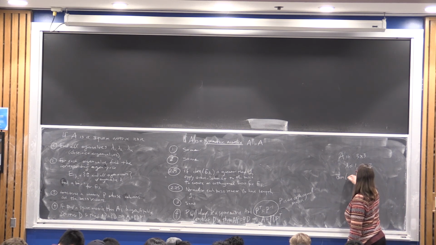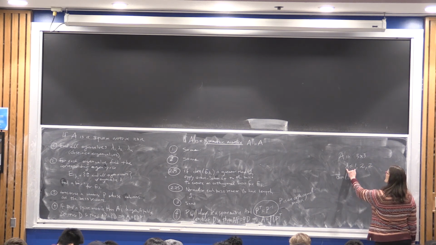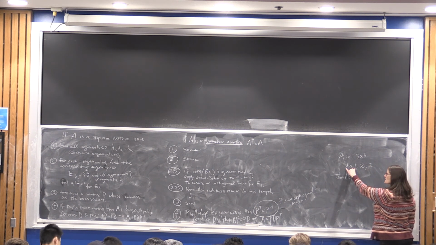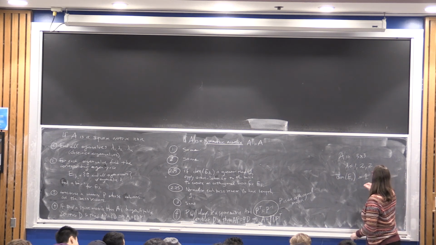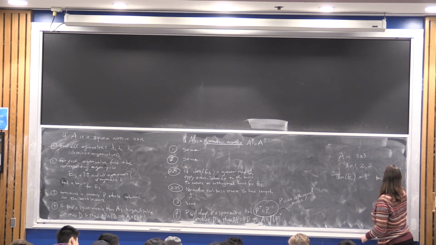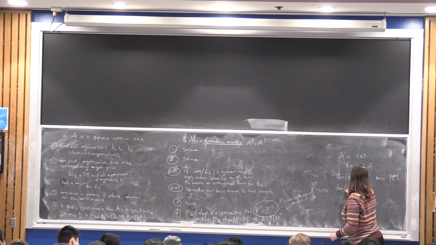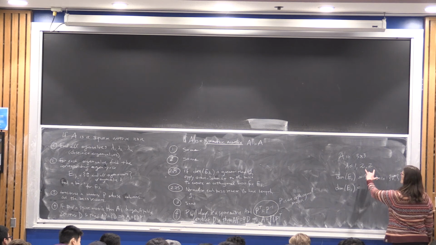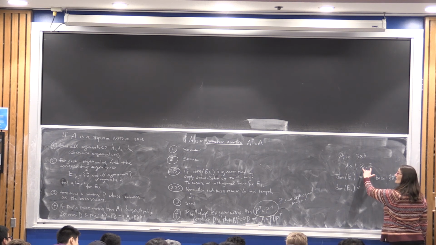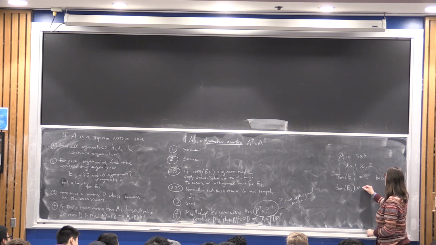If you look at all of the eigenvectors with eigenvalue 1, what is the dimension of that eigenspace going to be? 1. And so its basis is going to be the vector v1. The dimension of the eigenspace for eigenvalue 2 will be 1 or 2.